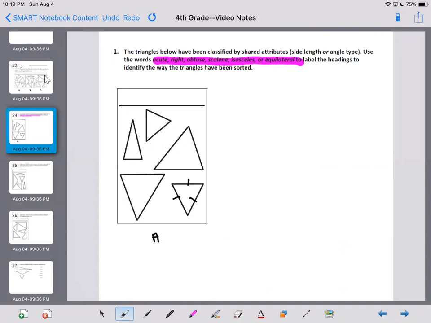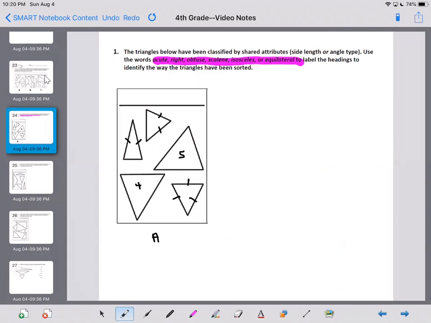It looks as if this one is isosceles, this one's isosceles, and 4 and 5 don't quite fit. They don't look like an equilateral, and they don't look like an isosceles. So we can't use scalene, isosceles, or equilateral to identify all of them. So we've got to look elsewhere.